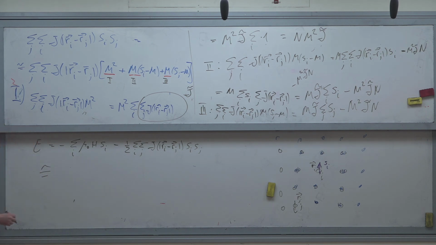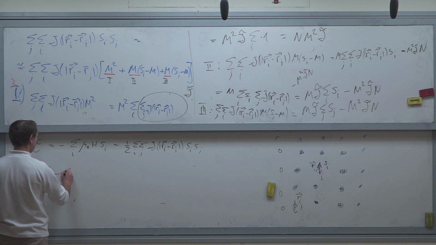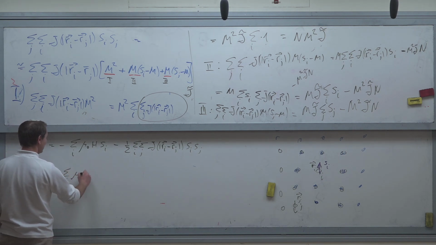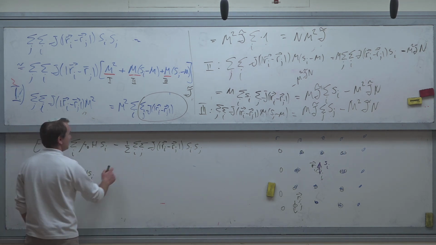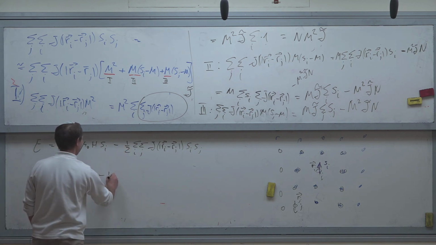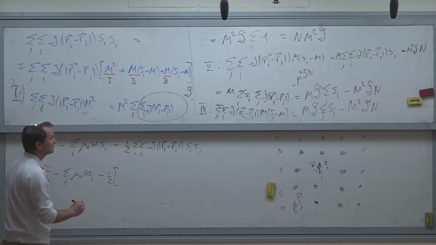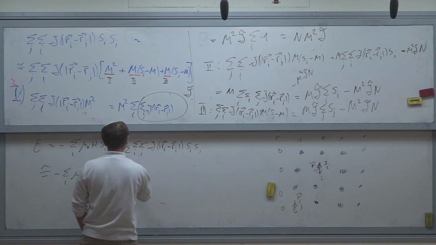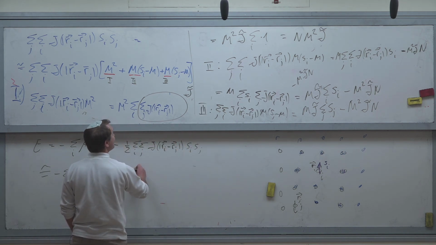And what we have shown is that all of this equals, the first term is exactly the same, minus sum over i mu 0 H S_i. Now, what we have is minus 1/2, and what we put inside. So we have N M squared J tilde.